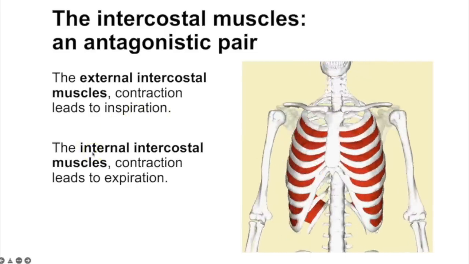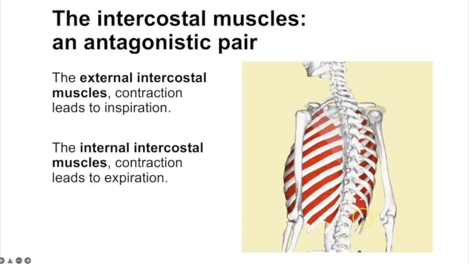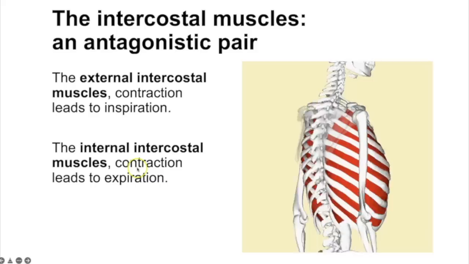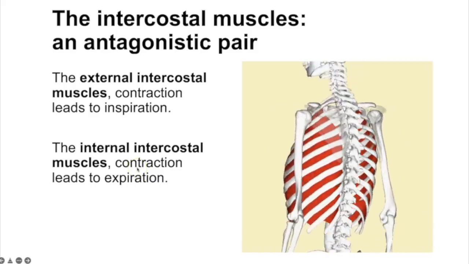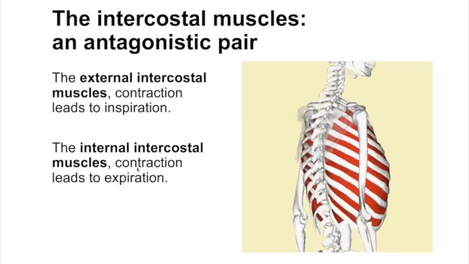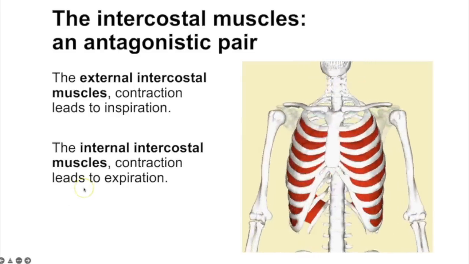The internal intercostal muscles, you can kind of see as it moves around 3D, they'll be on the inside layer around the ribs. And when these ones contract, that will pull the rib cage closer inwards, and therefore the air will flow out, or you'll be expiring.